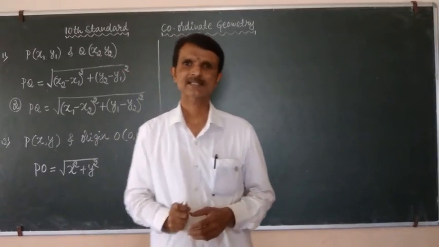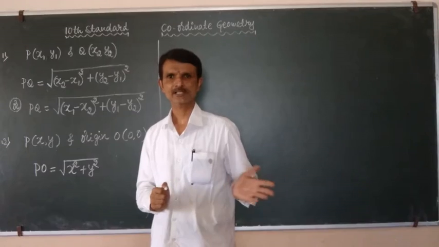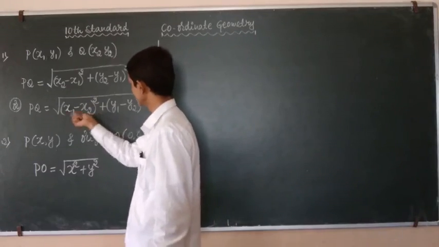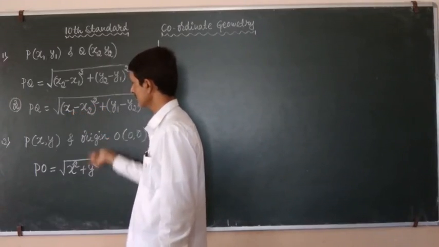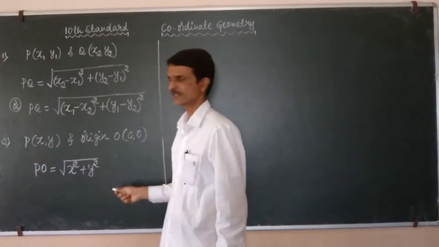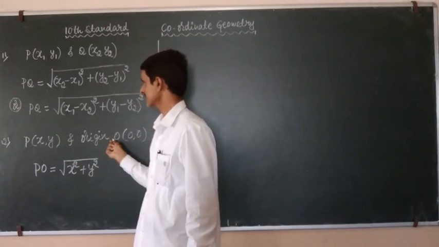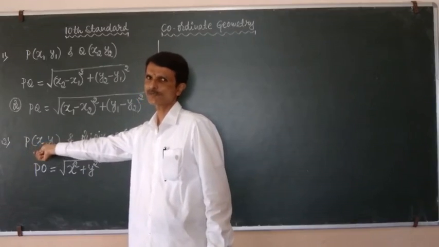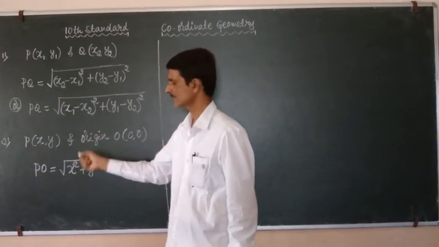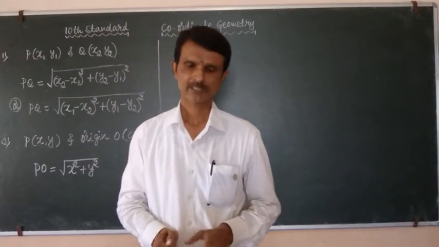If you substitute these values in the above formula, you will get PO or OP, the distance between the origin and a point P, equal to root of x square plus y square.